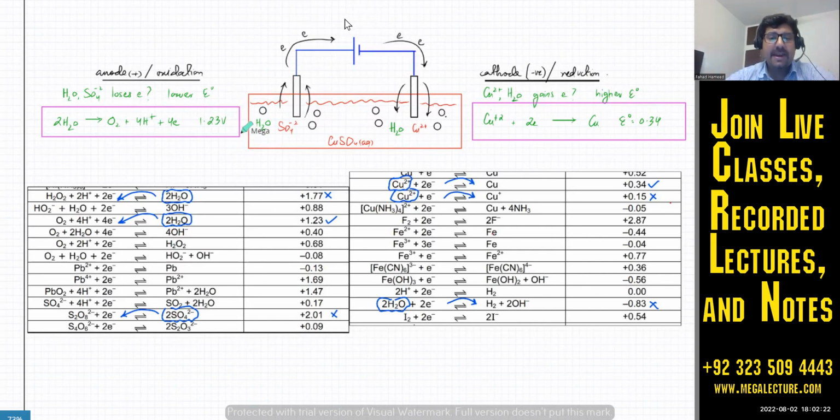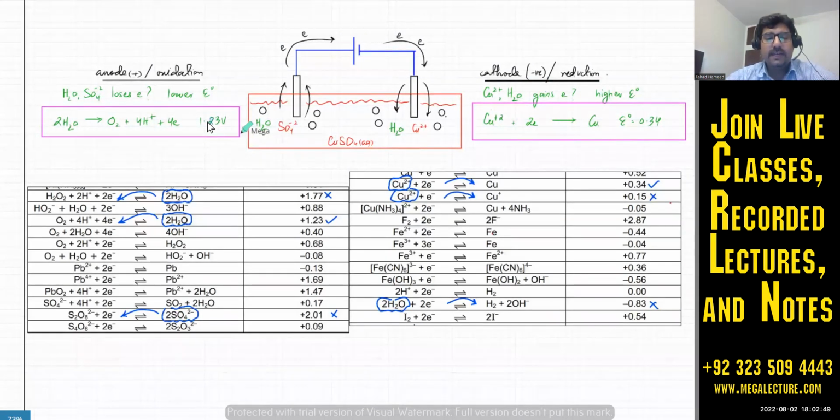So the battery voltage must be greater than the potential difference between these two. Look, this is the higher voltage, right? And this is the lower voltage. Electrons will always travel from the lower voltage to the higher voltage. So if the battery is not functioning properly, electrons should flow from the right side to the other side, which is the higher potential side.